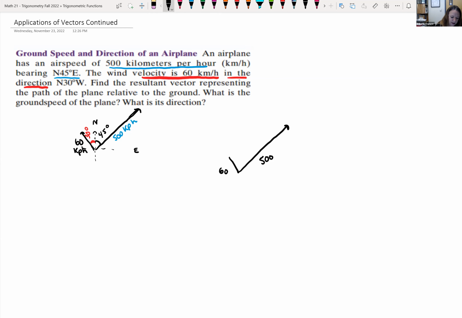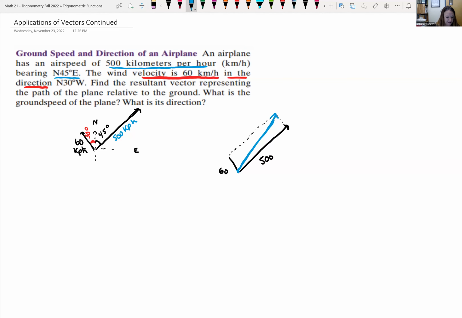And we can make our parallelogram. So one way to get that resultant vector is starting here, ending there. So our plane is being pushed by the wind, and this is our resultant vector.